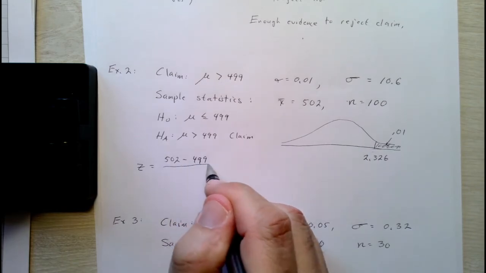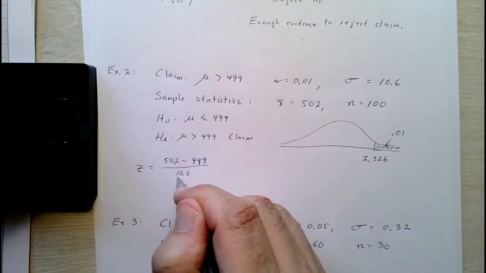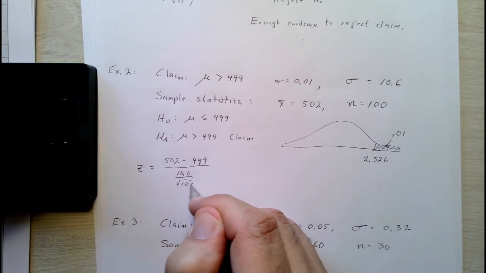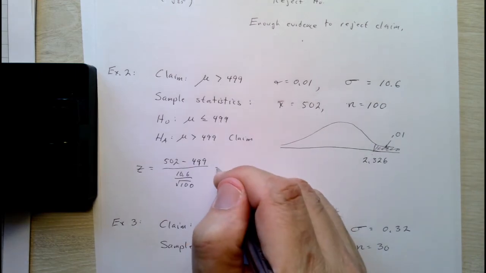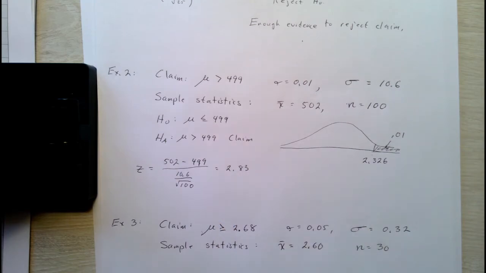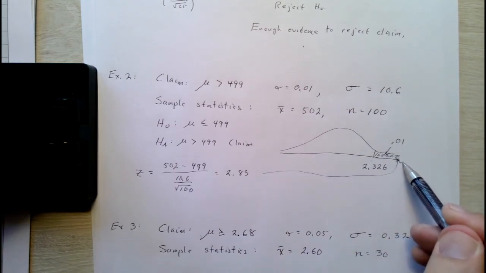And then we divide by 10.6 over the square root of 100. And this turns out to be 2.83, which again is in the rejection region.